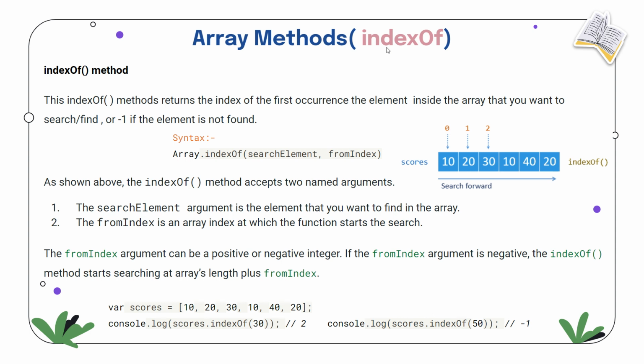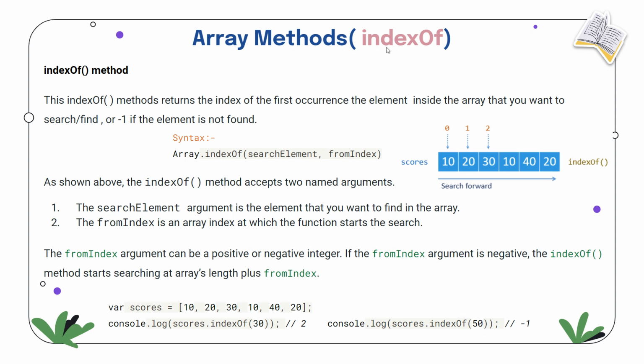And if the element is not present inside that array, then what does it return? It returns -1. It won't return -1, -2, -3. It will just return -1 for any element which is not present inside the array.